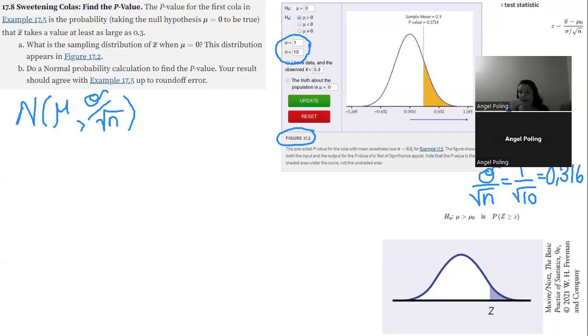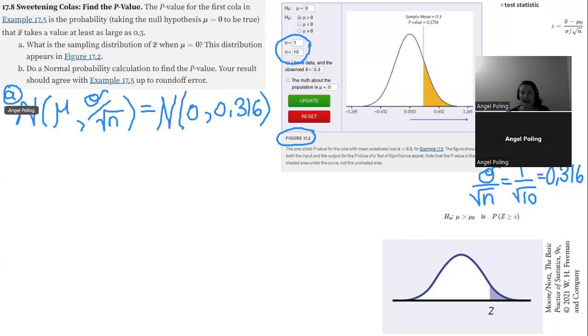And now we can just write the distribution as the normal distribution with mean 0 and standard deviation 0.316. So that's our answer for A.